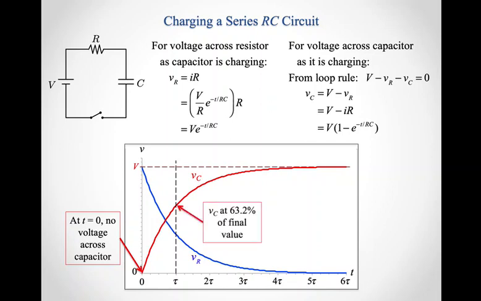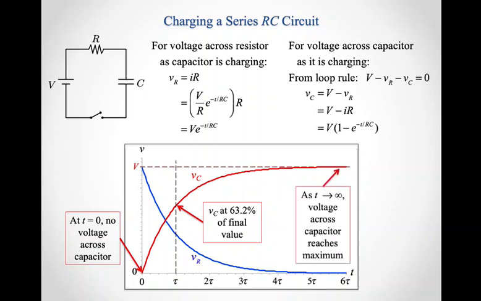But once I get to one time constant, the voltage across the capacitor has increased to 63.2% of what it will end up being at the end. And of course, at the end, it will be equal to the voltage of the battery.